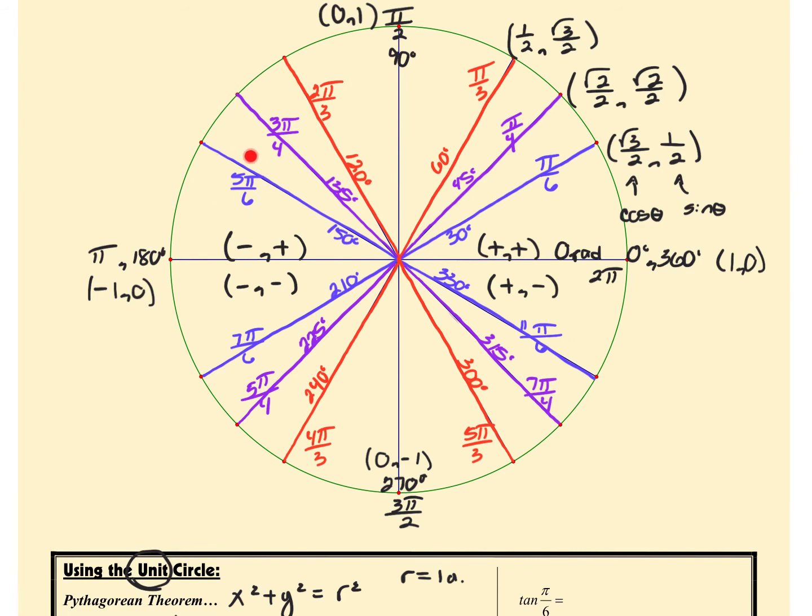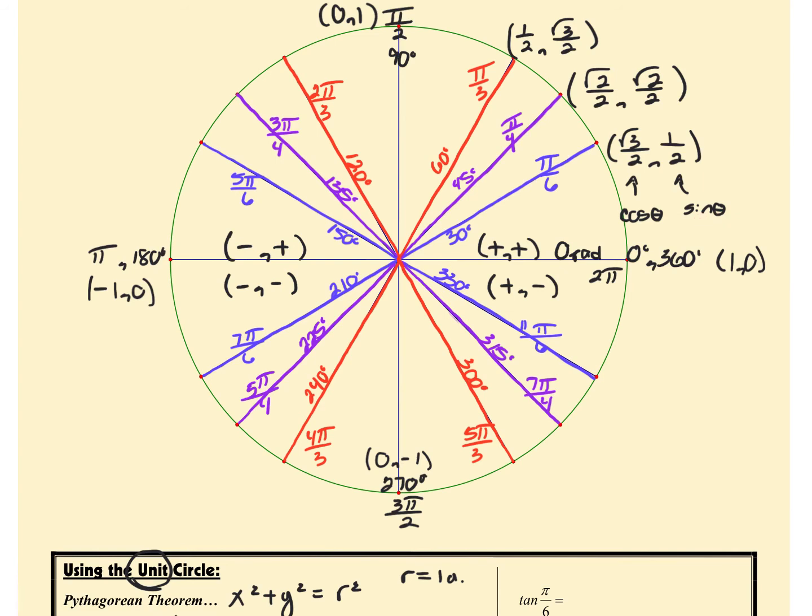So for example, over here at 5 pi over 6 or 150 degrees, sine is still the y coordinate and will still be 0.5. Again, pause, get your calculator, type sine 150 and you'll still have a positive 0.5. But if you type sine 210, you're now going to get a negative 0.5.